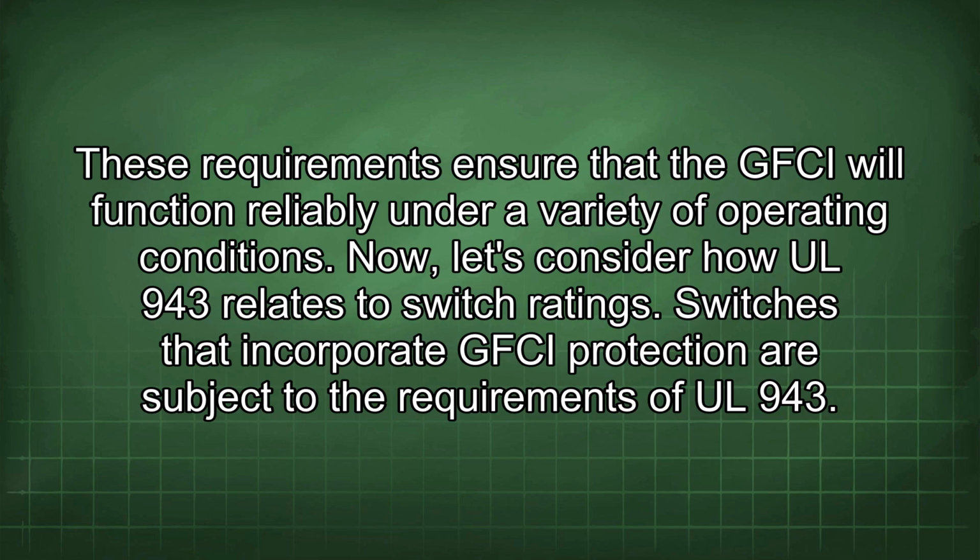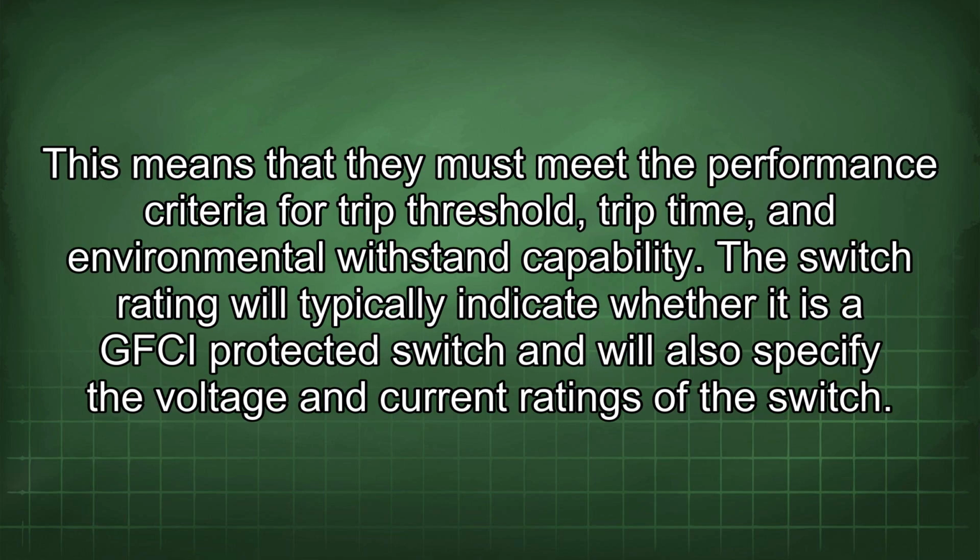Now, let's consider how UL 943 relates to switch ratings. Switches that incorporate GFCI protection are subject to the requirements of UL 943. This means that they must meet the performance criteria for trip threshold, trip time, and environmental withstand capability. The switch rating will typically indicate whether it is a GFCI protected switch and will also specify the voltage and current ratings of the switch.